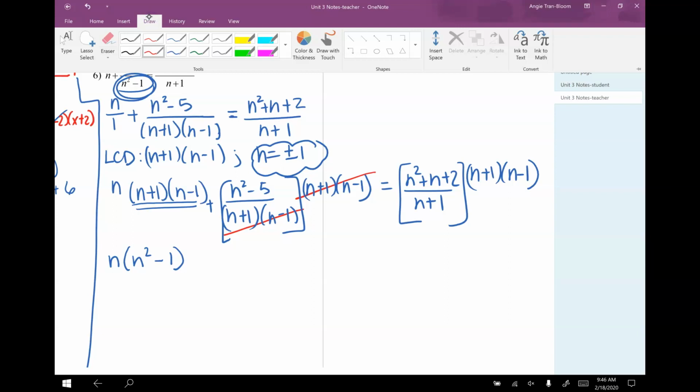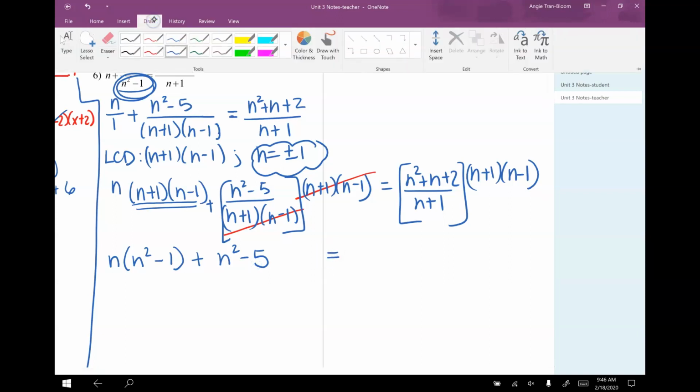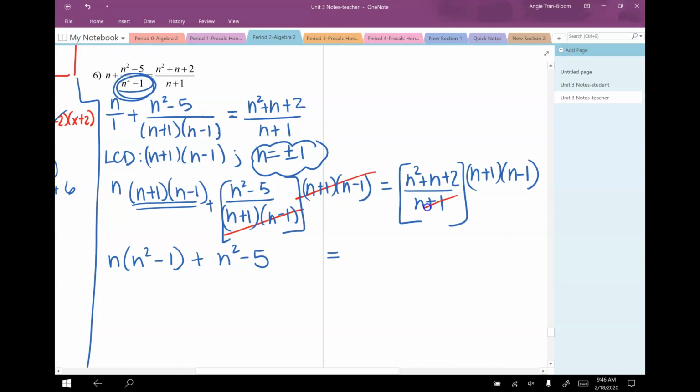So that means you are left with just n squared minus 5 equals the last term. Can we cancel everything or no? Just one of them? Okay, so now you are going to be left with n squared plus n plus 2 times n minus 1. Next step, do what?